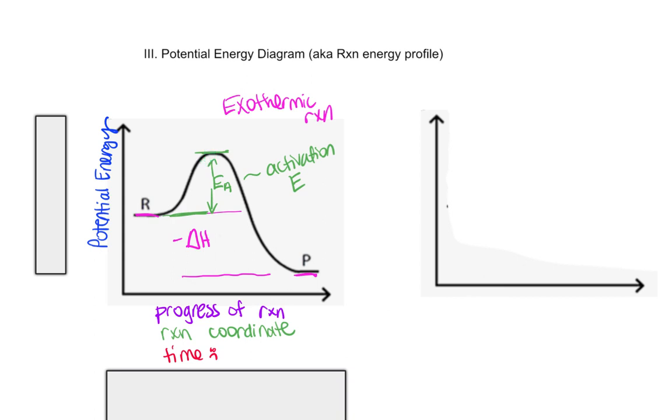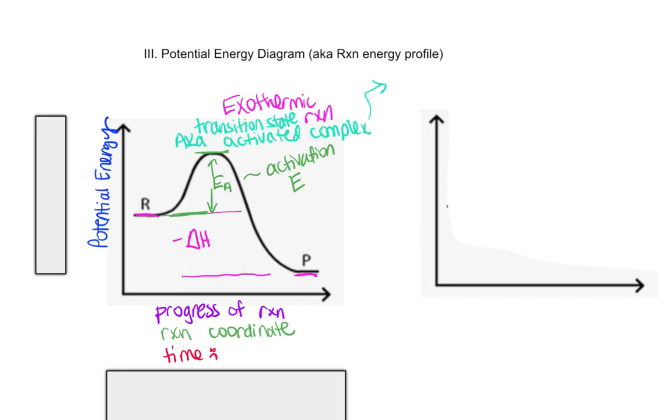Okay, so what you would have here, it actually goes by two different names, you need to know both, is a transition state, aka an activated complex. And as I said, it's a really high energy situation.